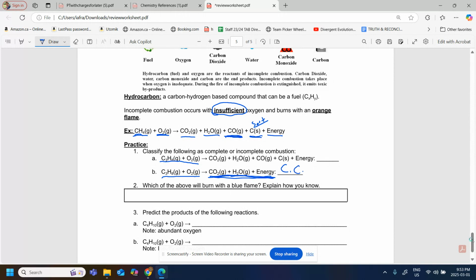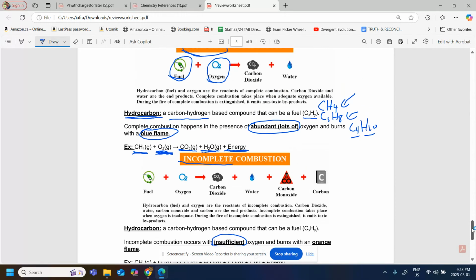And then this one here has CO2, H2O, C, and energy. So that's going to be an incomplete combustion. And we know that incomplete combustions, their flame is actually a different color. It's an orange color. So incomplete combustions, they'll burn orange.